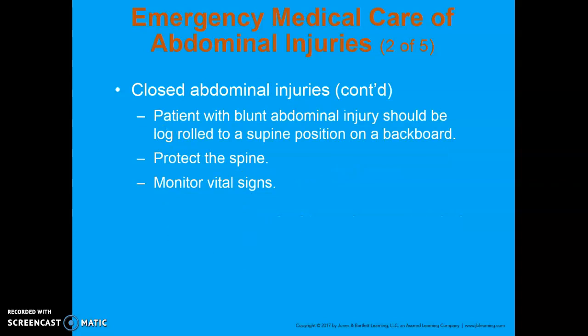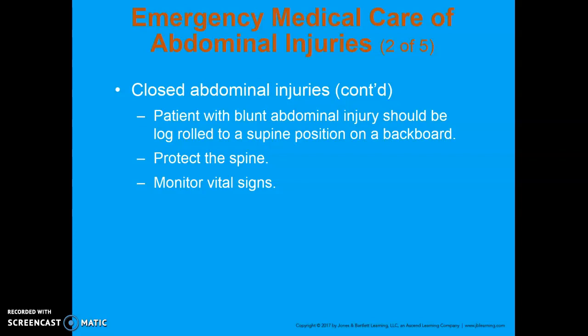A patient with a blunt abdominal injury is more than likely going to need a backboard. So if they have severe bruising to the abdominal wall, a liver or spleen laceration, rupture of an intestine, tears in the mesentery, rupture or avulsion of the kidneys, severe intra-abdominal hemorrhage, or peritoneal irritation and inflammation, we want to make sure that we transport quickly while protecting the spine and continuing to monitor vital signs.